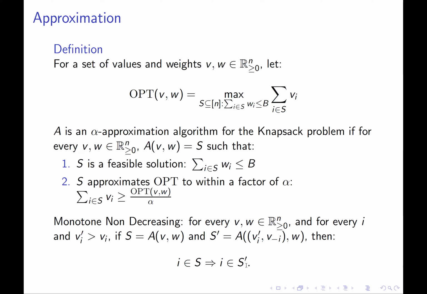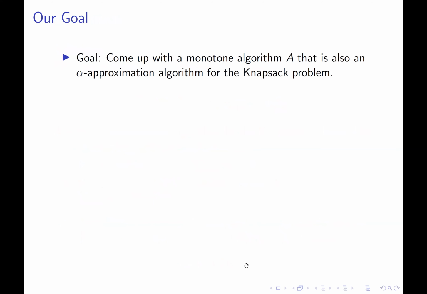It's a natural property, and it's of course satisfied by algorithms that exactly maximize social welfare, but it is not necessarily satisfied by algorithms that don't exactly maximize social welfare. So our algorithmic goal here is to come up with a monotone algorithm that is simultaneously an alpha approximation, hopefully for a small value of alpha, for the knapsack problem.